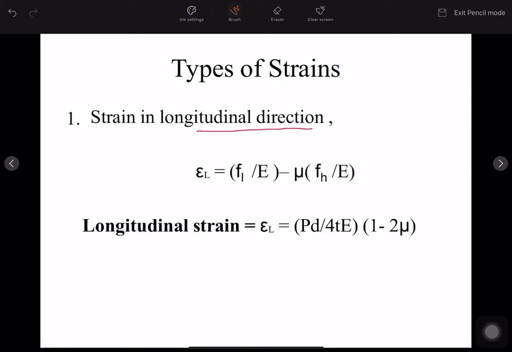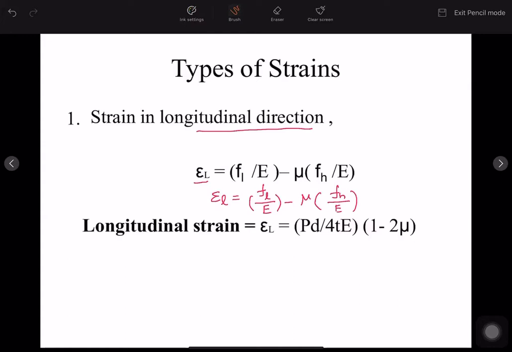So we can write epsilon L equals FL by E minus mu into FH by E. What is mu here?